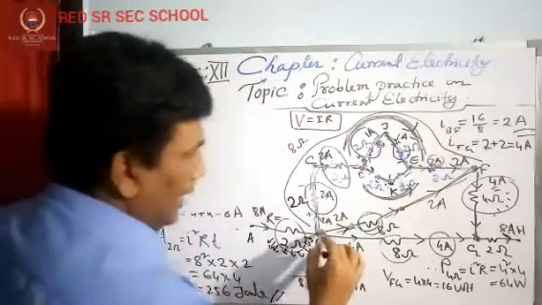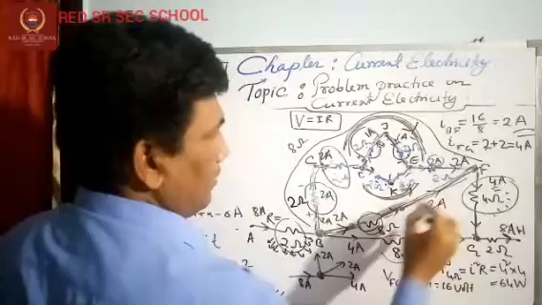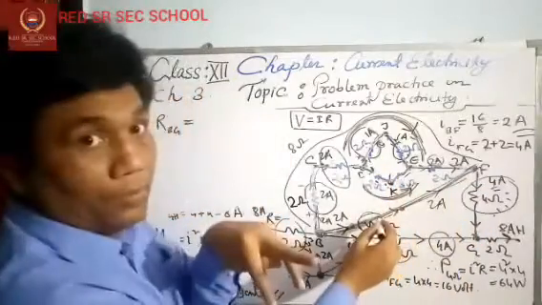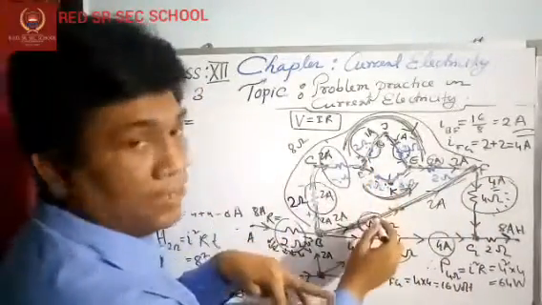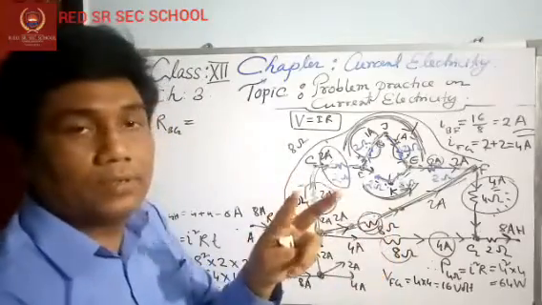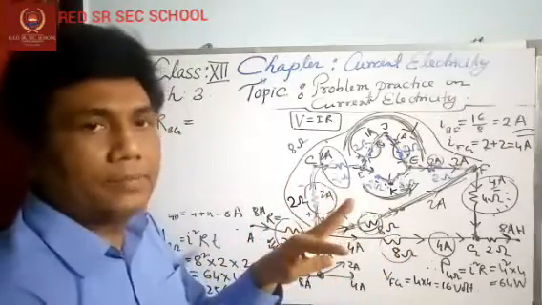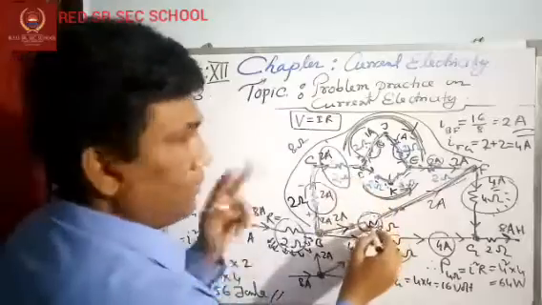Okay, and 8 ohm and 8 ohm parallel. So 8 8 4, because two resistors of equal resistance, when they are parallel, their result becomes half.